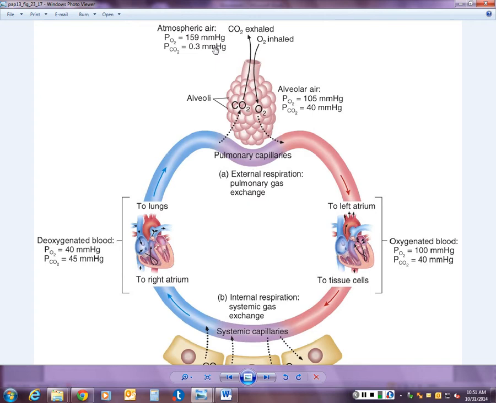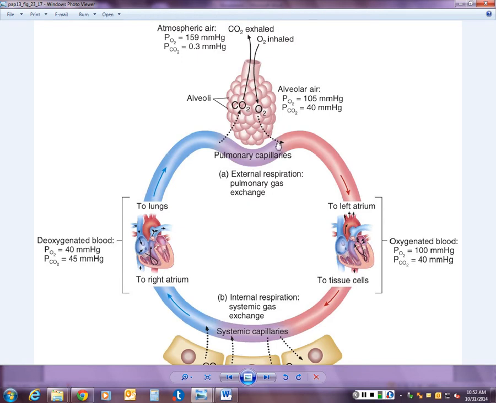Now, I'm going to use the numbers here on this diagram to show you how this works. However, for the purposes of your test, you do not have to know any numbers. What you should work at is being able to set the partial pressure gradient up in the correct direction. So if you take a look here during external respiration, we've already said that oxygen must go from the alveolus into the blood.